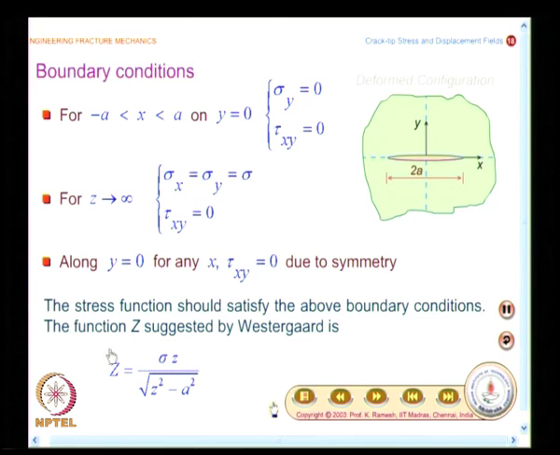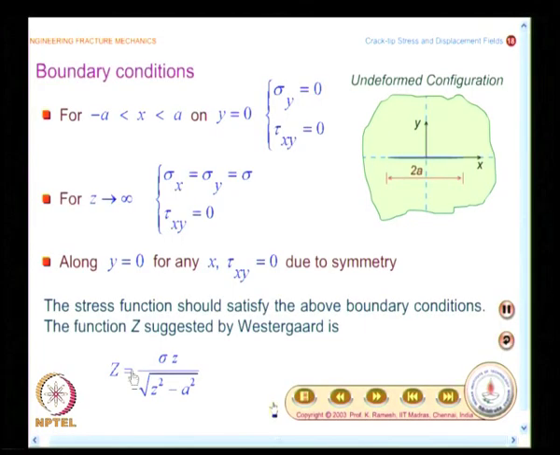The stress function takes the form capital Z equal to sigma z divided by root of z squared minus a squared. This stress function looks very simple, and if you look at mode 2 as well as mode 3, the form is still maintained. That is the greatest advantage of Westergaard's approach.